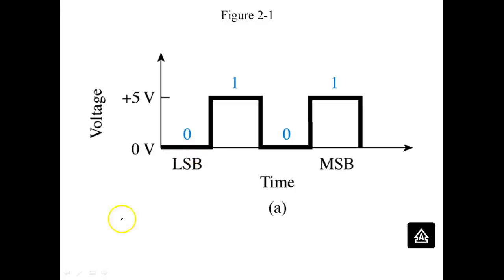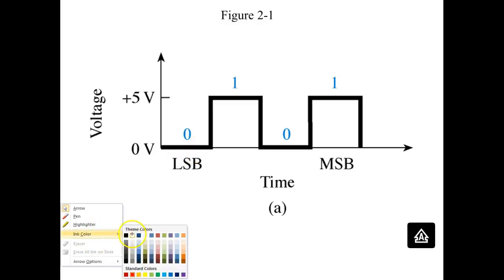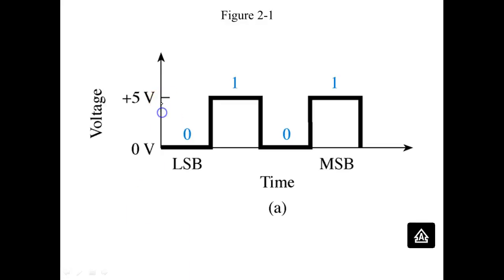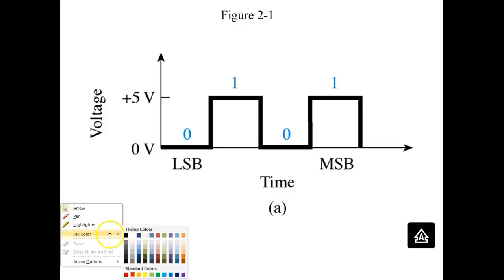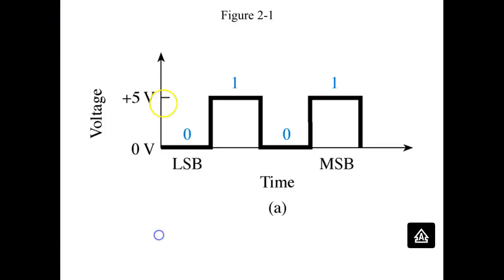So we give names to the edges. We have an edge right here, and you can't really see it. Right at this time right here, we have an edge there, and since it's going from up here at 5 volts down, that's the direction.